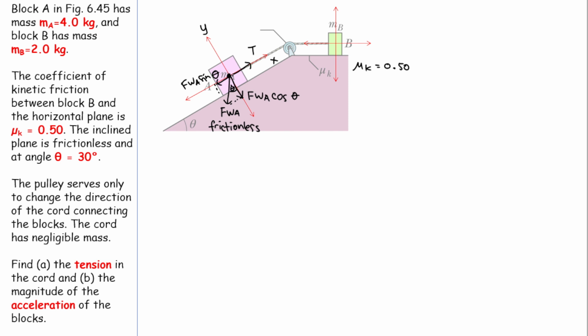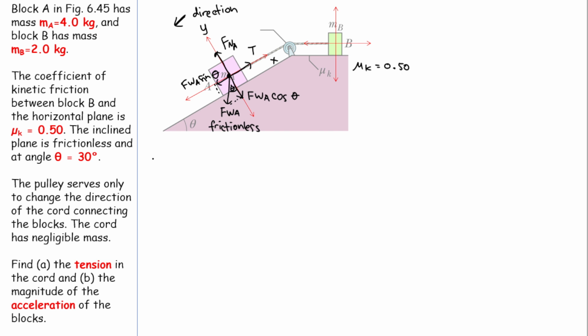And we also have the force that pushes on MA from the surface, and that will be our normal force here, FNA. However, we only care about the x-axis because this is frictionless and the direction of movement logically is there, right? So that will be our direction of movement. So I want to use that direction as positive.